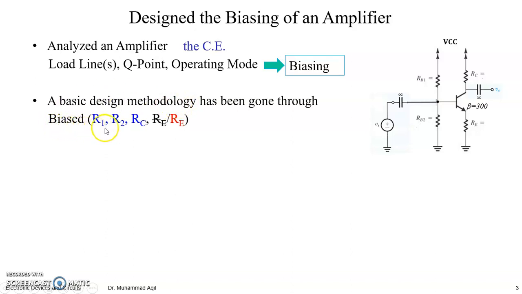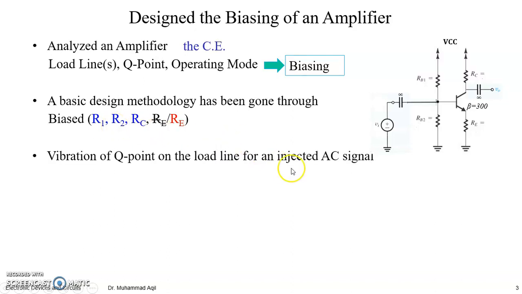We have found R1, R2, RC, without RE application and with RE application, right? I did this for you without RE and I asked you to bias a circuit with RE, right? So we have also designed the common emitter amplifier circuits.